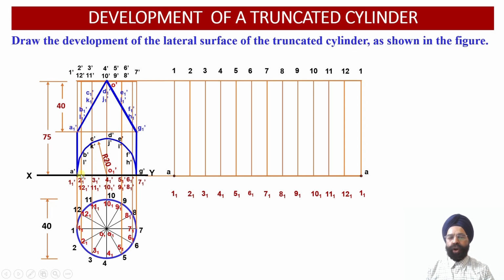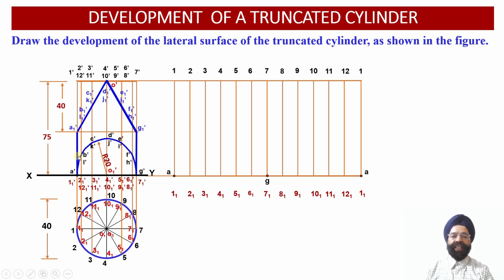So if we draw horizontal projectors through these 2 points A dash and G dash into the development surface view, then we will observe that the intersection of this horizontal projector with the vertical projector 1 1 1 will provide us with the location of the point A in the development surface view, and the intersection of the horizontal projector drawn through the point G dash with vertical projector 7 7 1 will provide us with the location of the point G in the developed surface view over here.